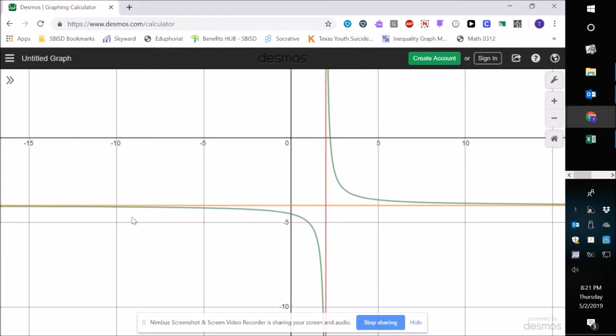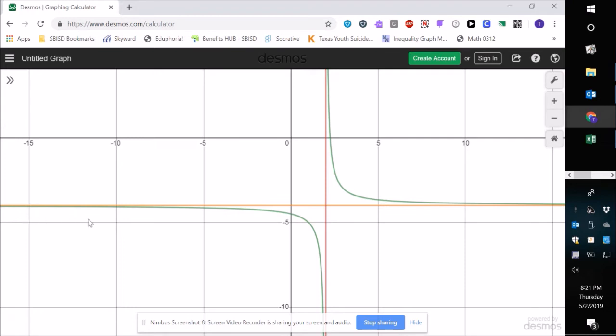If I look at the bottom left, following my arrow, this graph is going to go forever towards the left. And if you look at the top right, as you follow my cursor, this part right here is going towards the right forever.